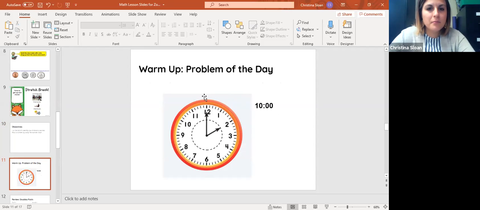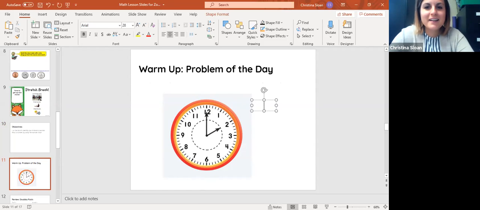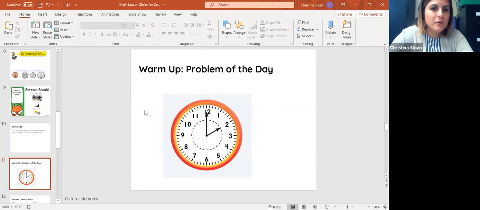Can somebody help me tell what time it is? It's not 10 o'clock. I forgot to erase this. But who can help me figure out what time it is on our clock? Jesus?